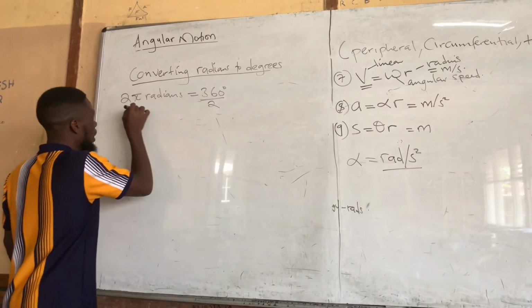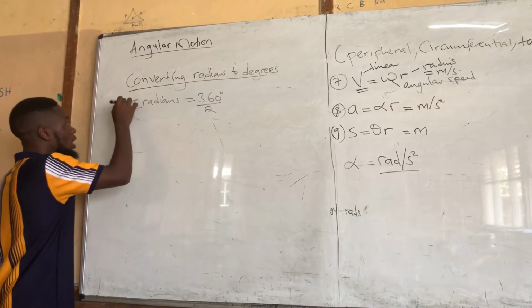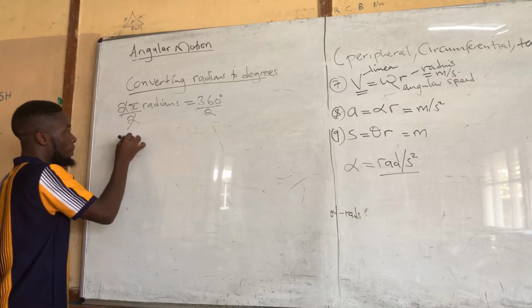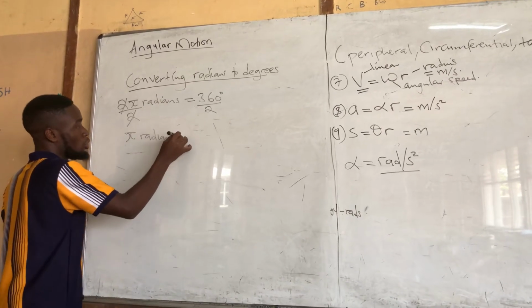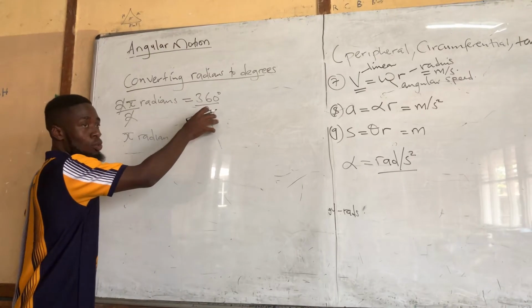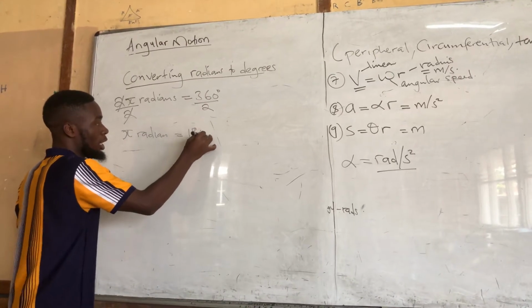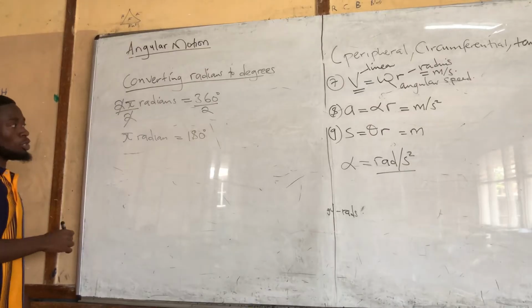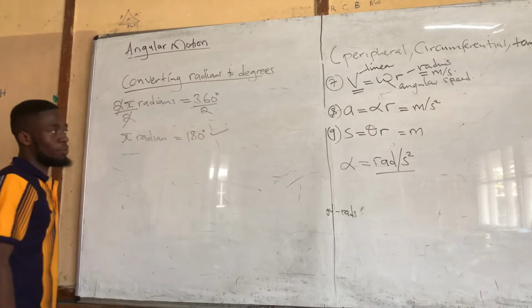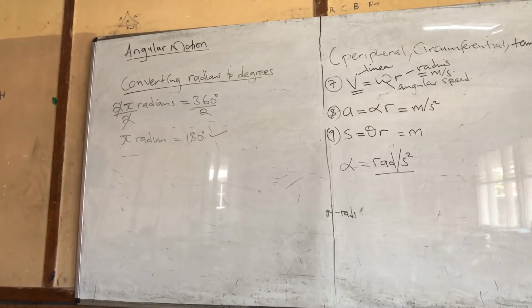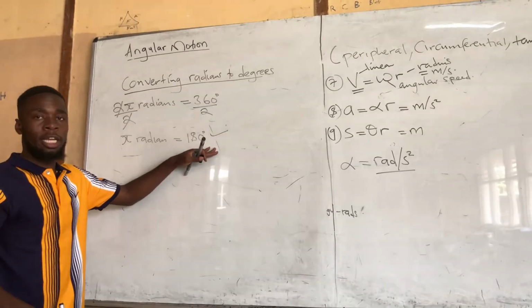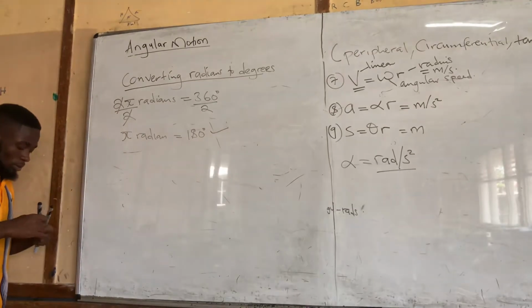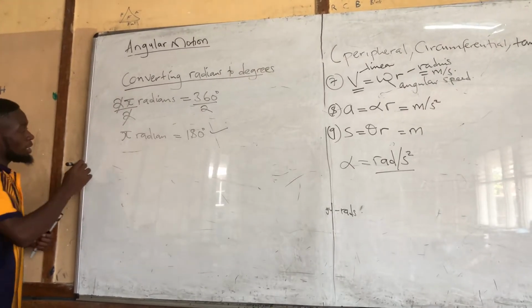These 2s cancel, so pi radians is equal to 360 divided by 2, which gives 180 degrees. We can use this simplified conversion factor: pi radians is equal to 180 degrees. So let's answer this question.